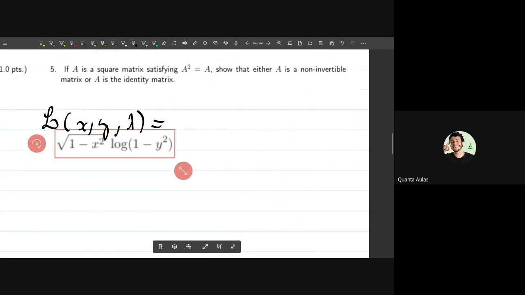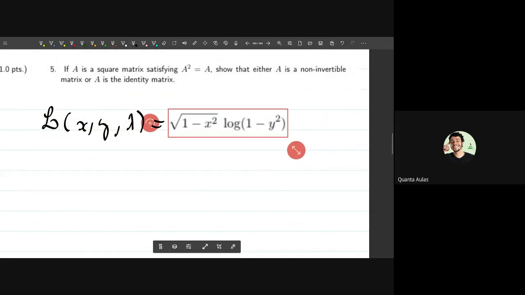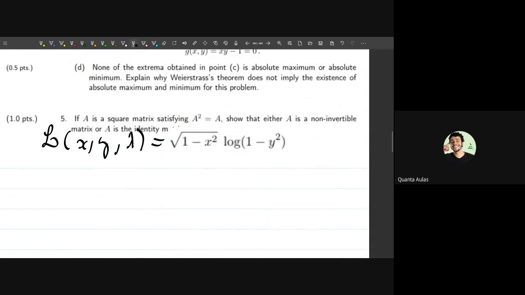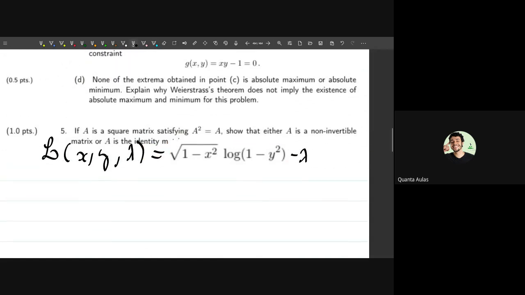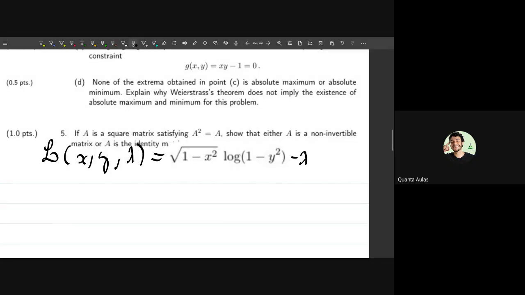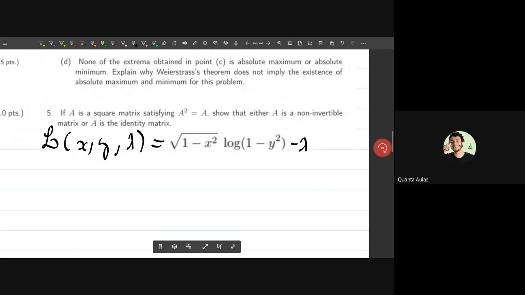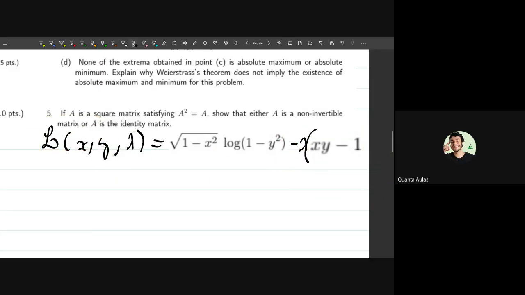but we have the constraint equation multiplied by minus lambda in this equation here. Okay? Technical problems here, but okay.